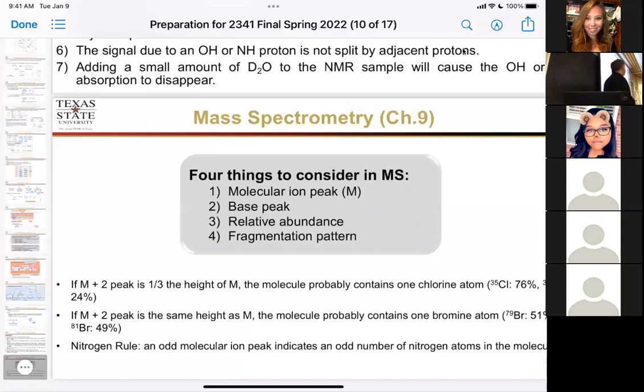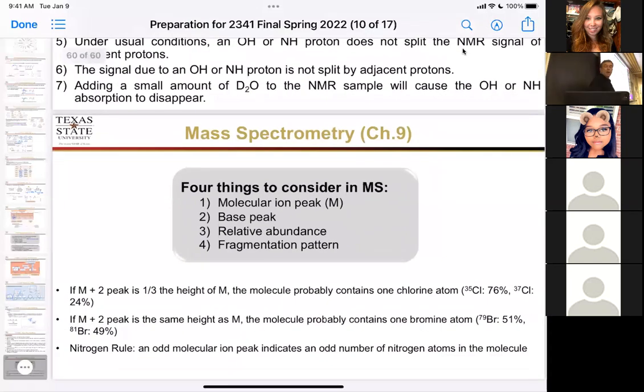So you can identify nitrogen, bromine, and chlorine in your mass spectra just by looking for those 3 things. Remember, these are M+2 peaks. It's 79, 81, and 35 and 37. All right, any questions on what to study for on the exam?